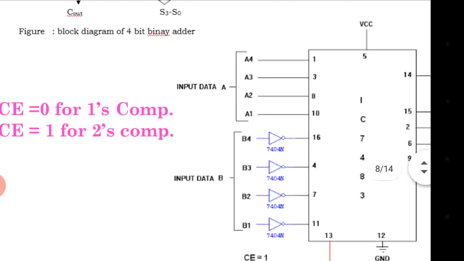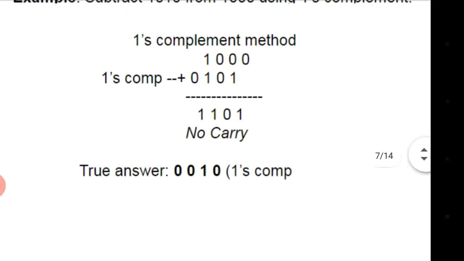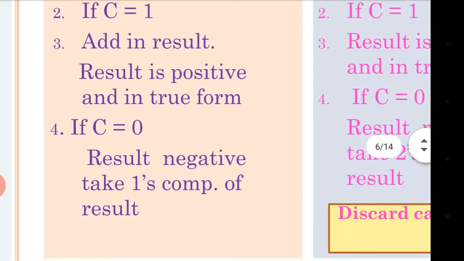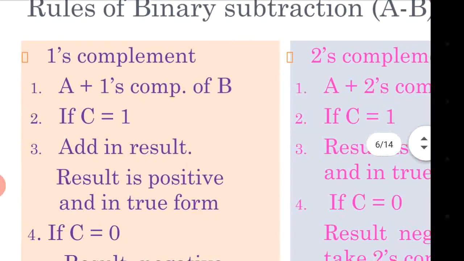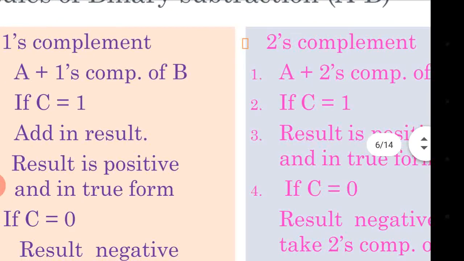But remember that this circuit will give you, let us go to our rules first. Yes, this circuit will give you the answer up to step number 1, that is A plus 1's complement of a number or A plus 2's complement of a number. What to do with carry?